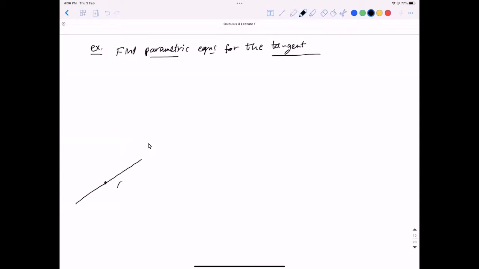Don't say the slope. x1, y1, z1, or x0, y0, z0, whatever. Here, what replaces the slope in 2D in 3D is a directional vector of the line. This is a line L passing through a point x1, y1, z1 and having directional vector a, b, c.